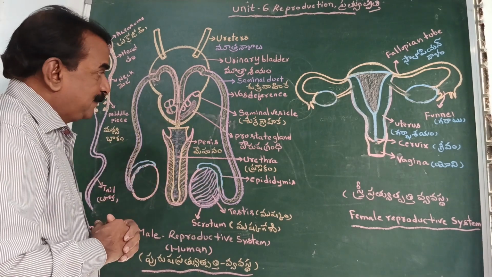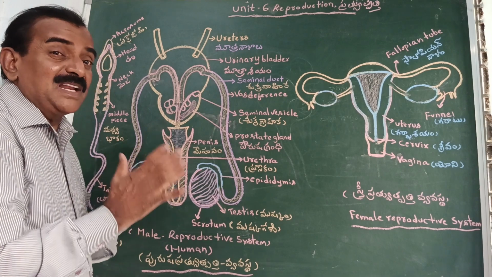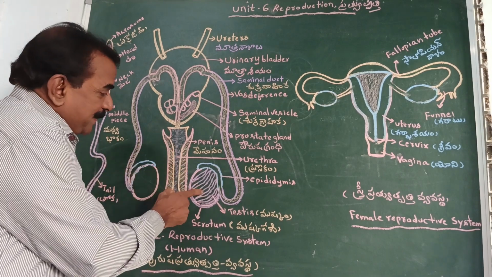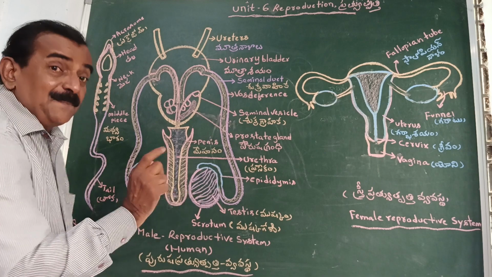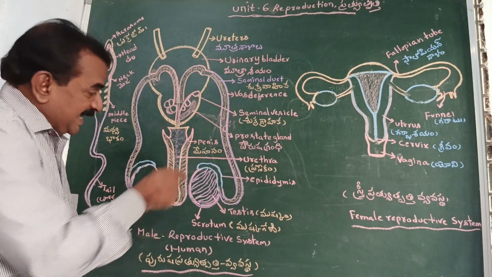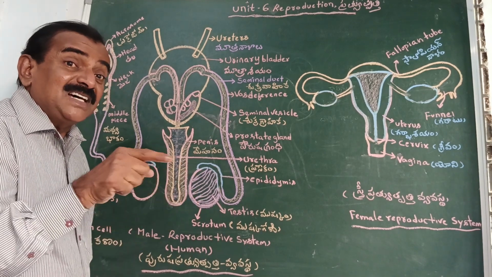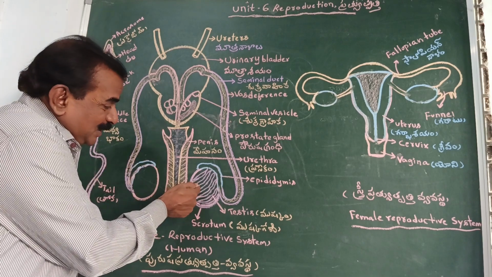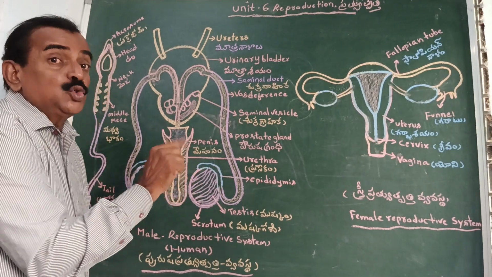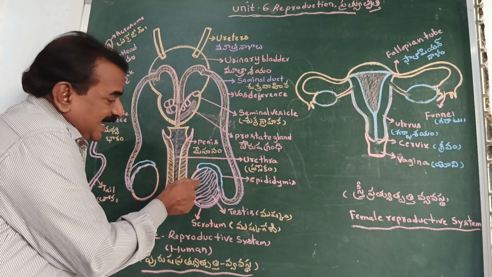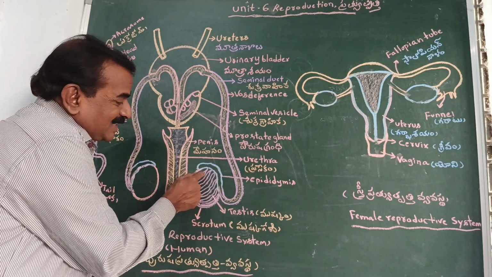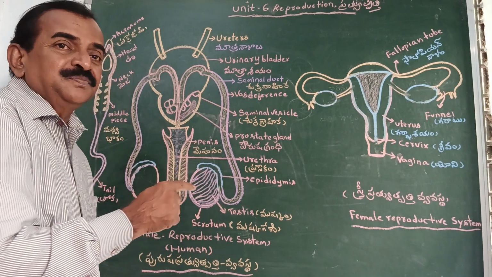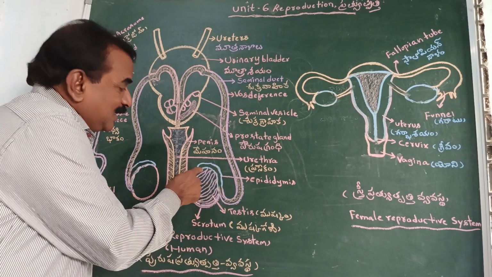The male reproductive system consists of a pair of testes, and in the testes the vasa efferentia are present.